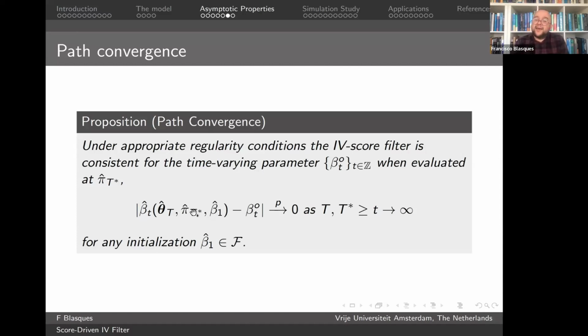So if pi hat t is converging, theta hat t is converging, we're forgetting about the initialization beta hat 1. So all of these are consistent and the error at the start is forgotten. Then we do converge to the right time varying parameter that we're after, the beta 0 t, let's call it. So this is a bit of the theory that we have in the paper.